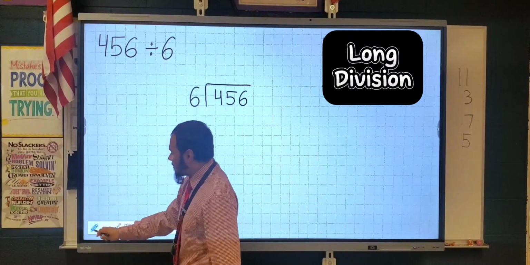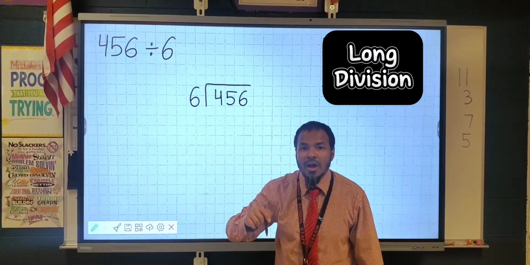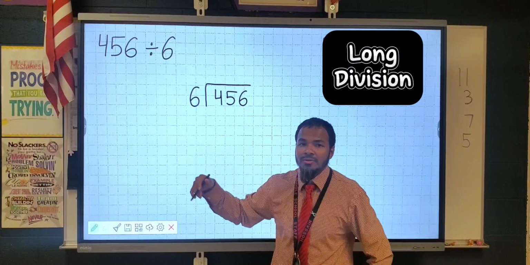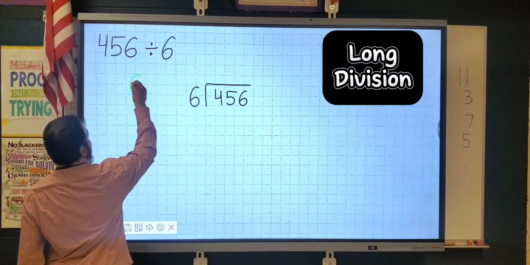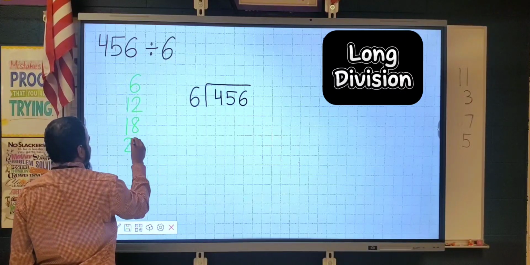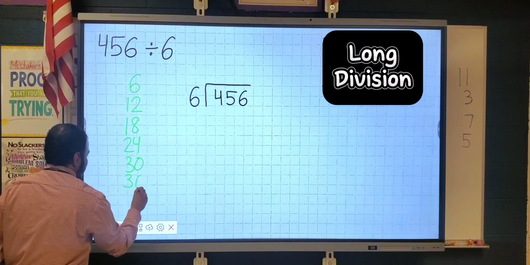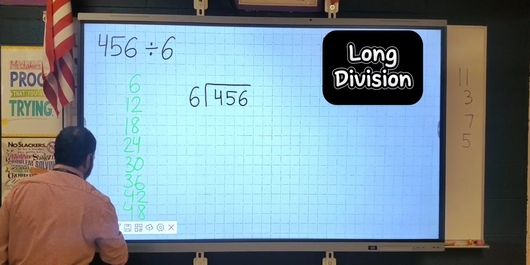When I do long division, I like to create a list of multiples of the number on the outside, which is 6. So I'm going to do the multiples of 6 on the side. So we have 6, 12, 18, 24, 30, 36, 42, 48.